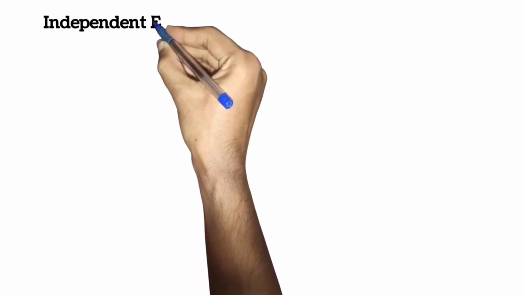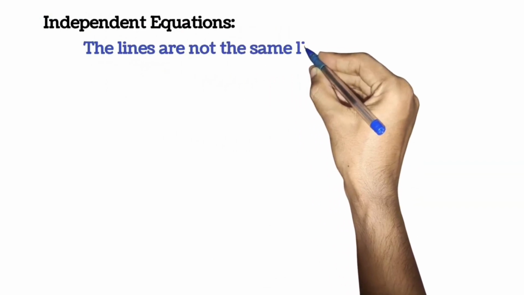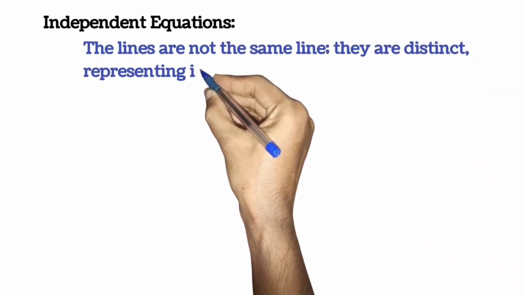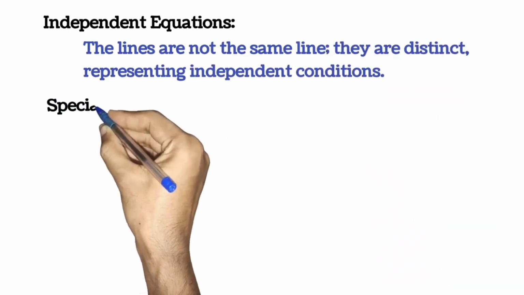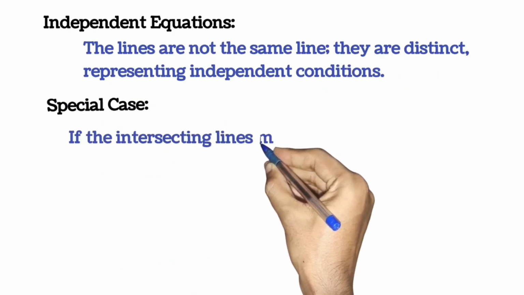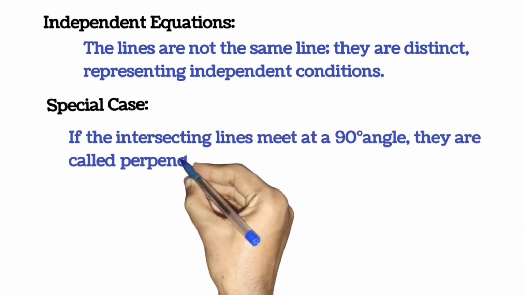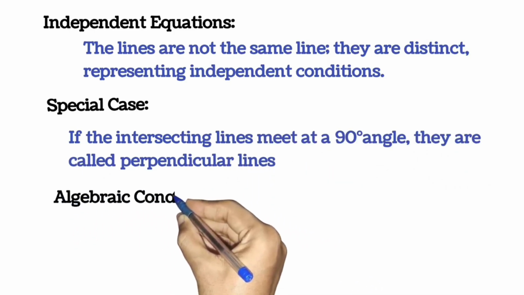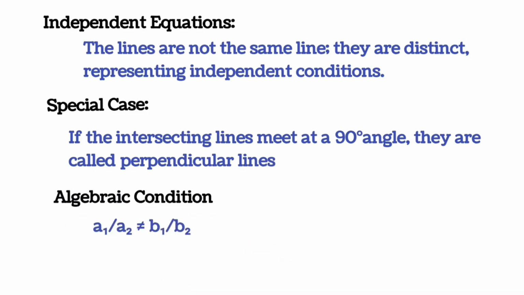Now, independent equations: the lines are not the same lines, they are distinct, and represent independent conditions. A special case for unique solution: if the intersecting lines meet at 90-degree angle, they are called perpendicular lines. Now, algebraic condition for unique solution is a1 by a2 not equal to b1 by b2.